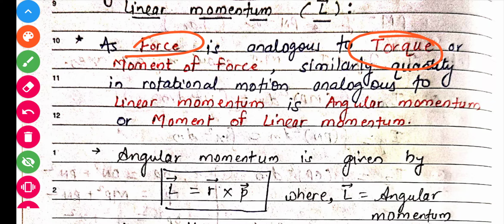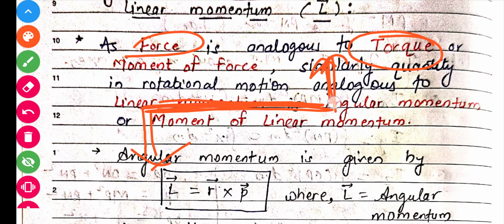So what is happening basically? Torque consists of some distance, and we apply two forces at some perpendicular distance, and due to those two forces, this body, or this part, gets rotated. That's why it is called moment of force.